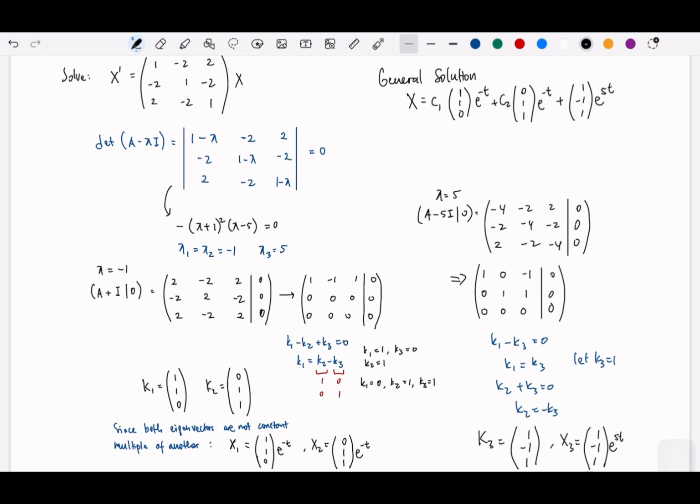And this is what we call a symmetric matrix. Symmetric, with eigenvectors 1, 1, 0, 0, 1, 1, and 1, negative 1, 1.